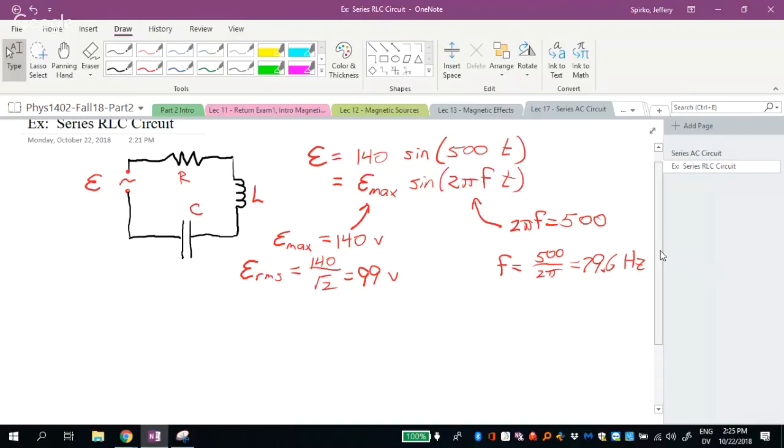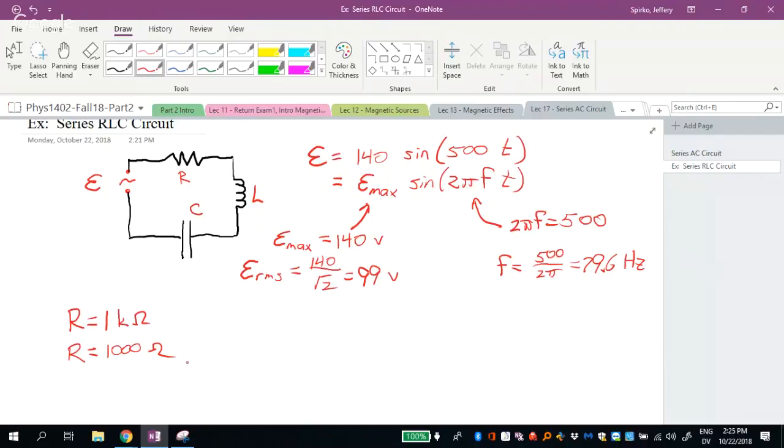Now, let me give you your given information about another component. R is 1 kilo ohm. So that's R is 1,000 ohms. And right now, we can't really do anything with that because we don't know how much current is flowing. We don't know how much voltage the resistor itself is exposed to.